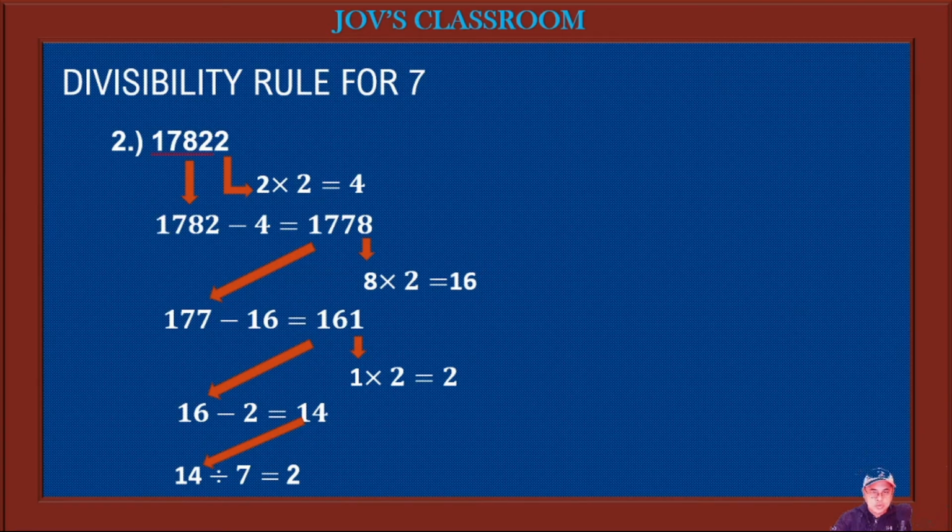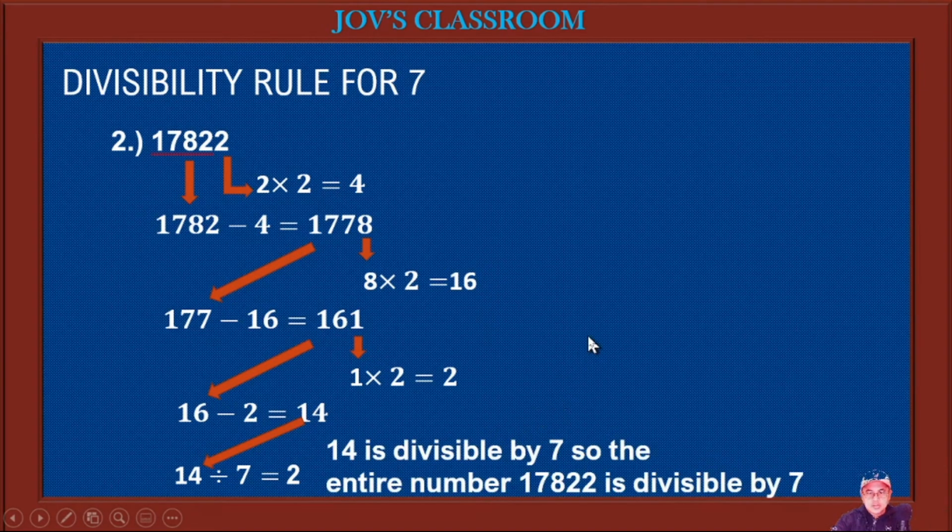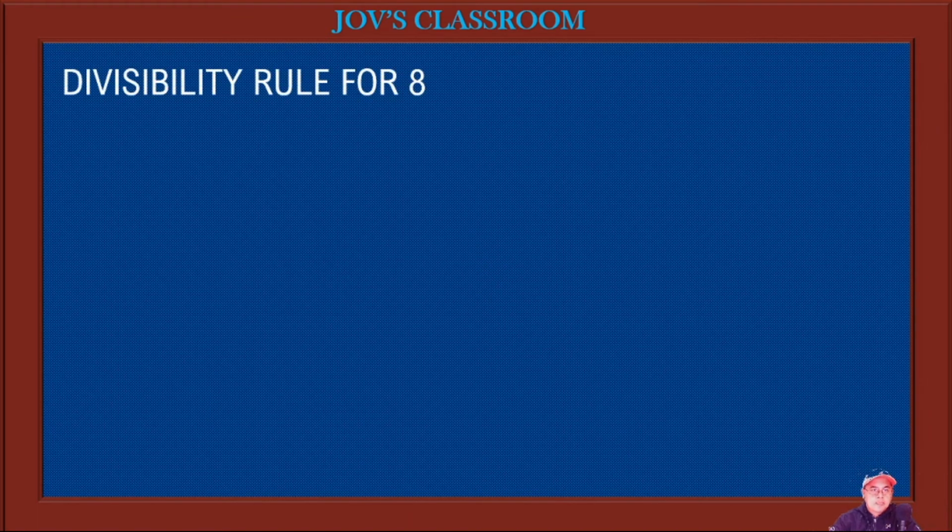That's why you have to stop once you have reached 2 digits, because a single digit is not possible to subtract from the given larger number. Okay, so 14 is divisible by 7, so the entire number 17,822 is divisible by 7. That is the divisibility rule for 7.